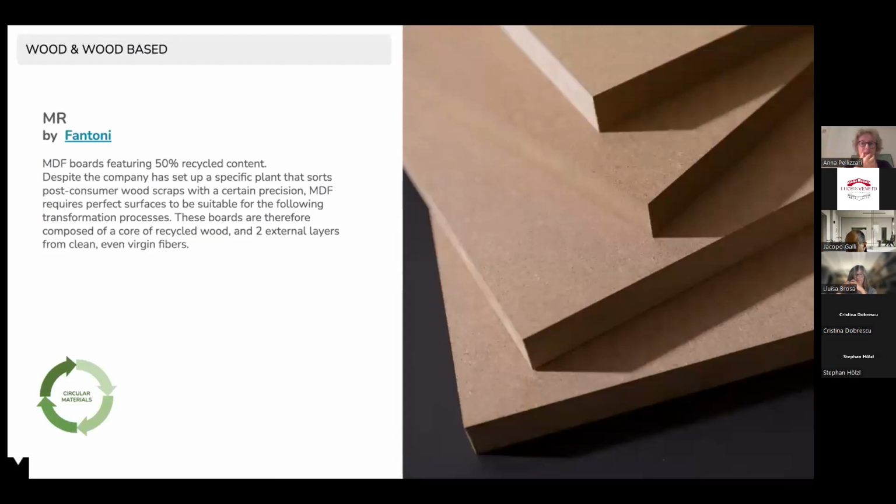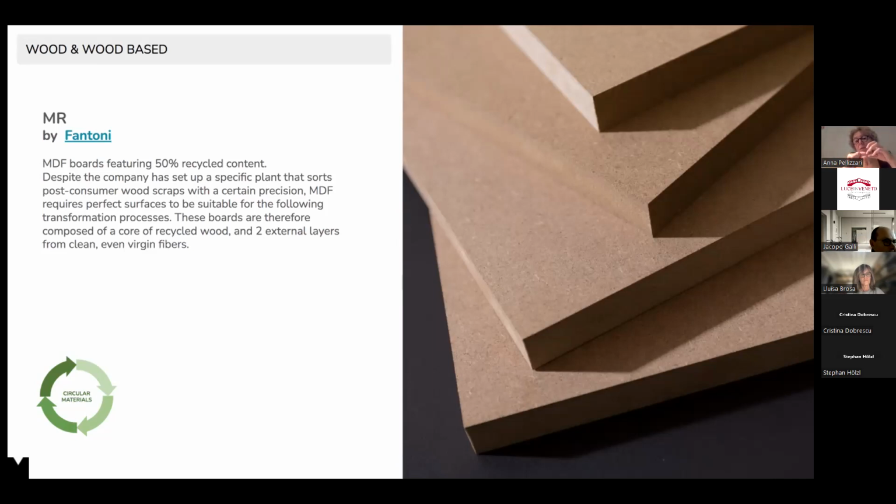A couple of examples of material produced from a circularity perspective. This is, you probably know it, MDF by Fantoni, which contains 50% recycled content. Basically, they have designed and built a sorting machinery that cleans the wood chips out of post-consumer recycling.